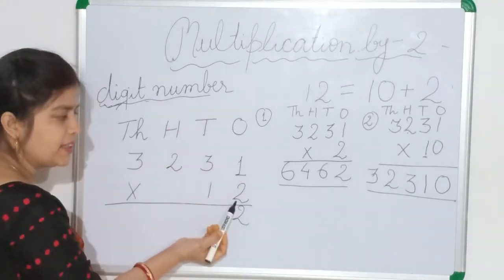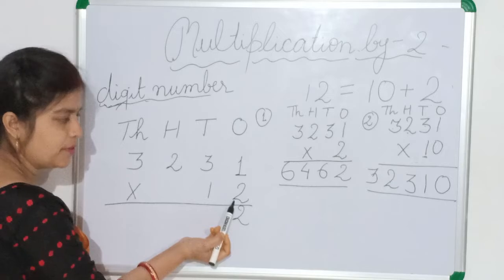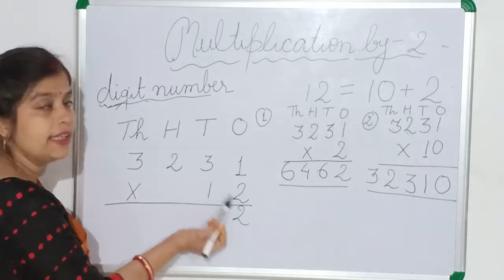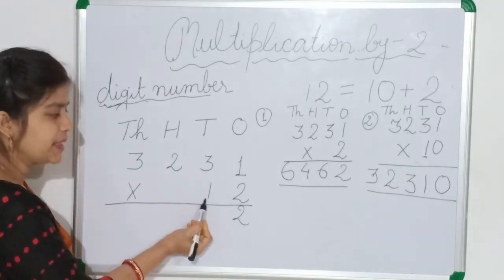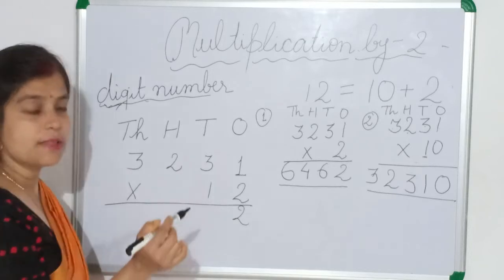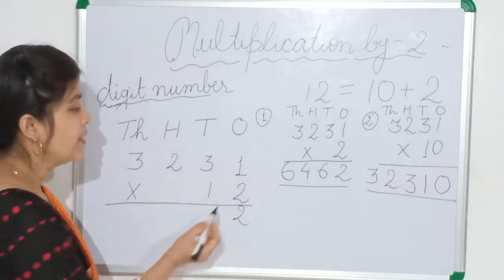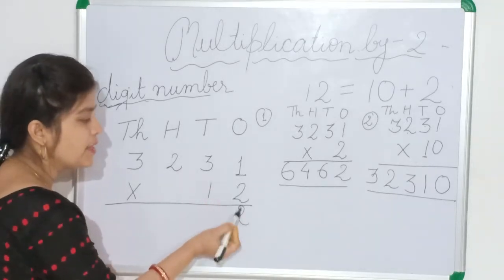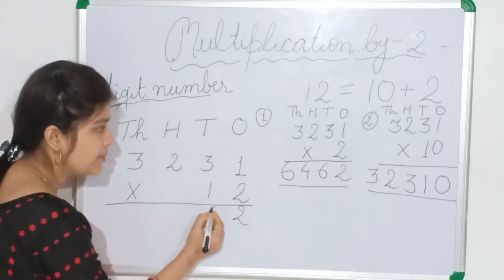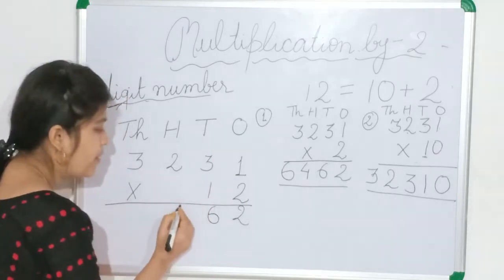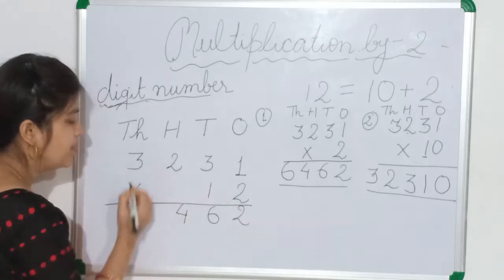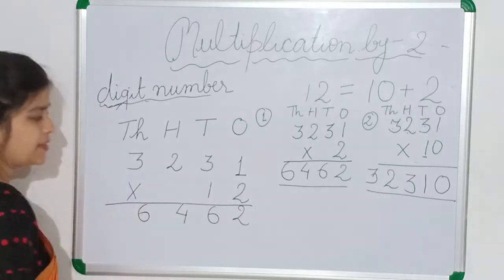First you will multiply the number which is in ones place. Okay, first you will multiply by 2. Never start multiplication by the number which is in tens place. First you will start from here. Okay. So first you will multiply 2 ones are 2, 2 threes are 6, 2 twos are 4, and then again 2 threes are 6.